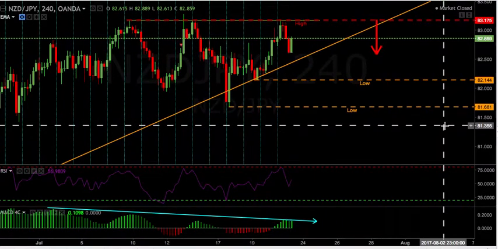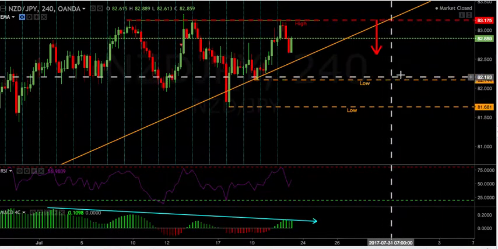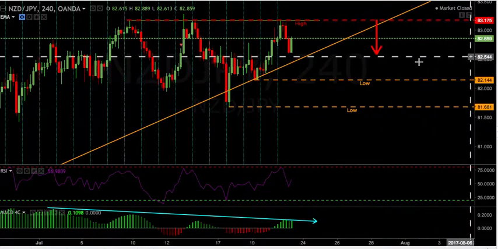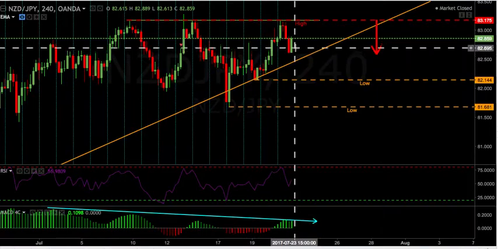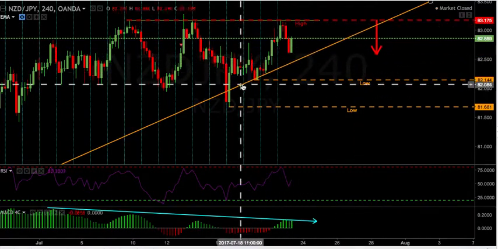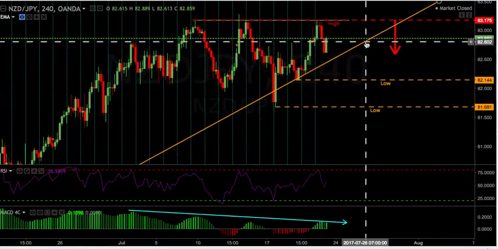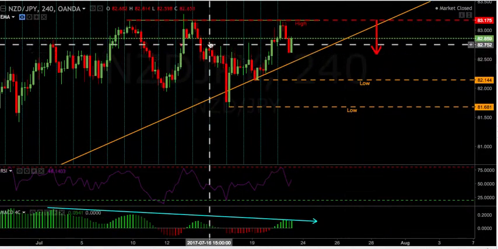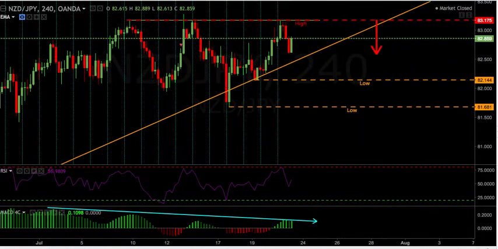Okay, so if you haven't gotten short on this pair yet, I don't know what else to tell you. You can wait until another break of this ascending trend line, but it is giving you 3 times to make money.